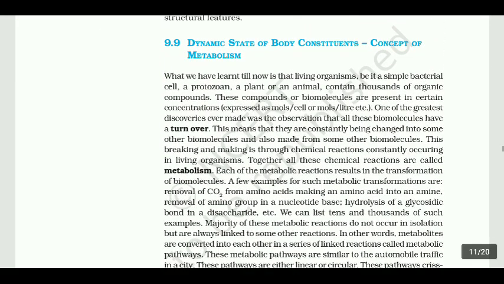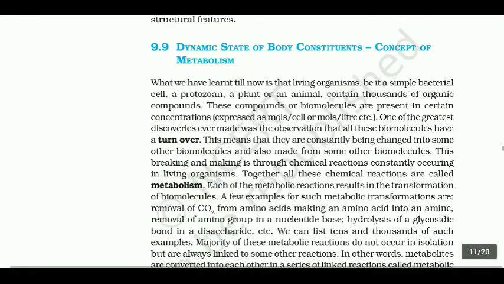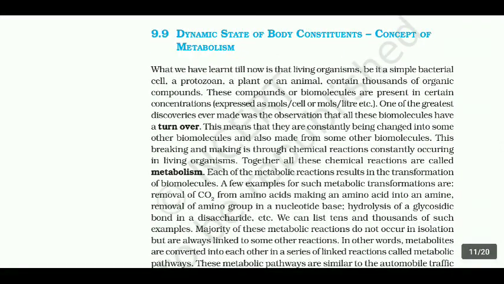9.9 Dynamic state of body constituents. Concept of metabolism. What we have learned till now is that living organisms, be it a simple bacterial cell, a protozoan, a plant, or an animal, contain thousands of organic compounds. These compounds or biomolecules are present in certain concentrations.